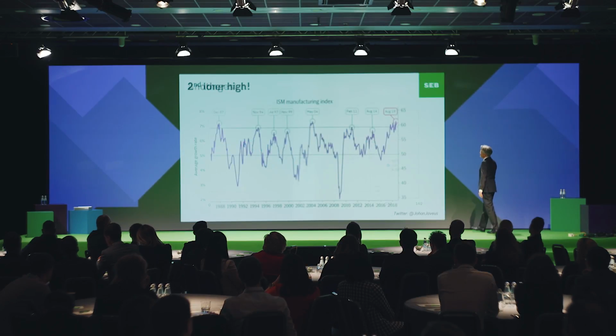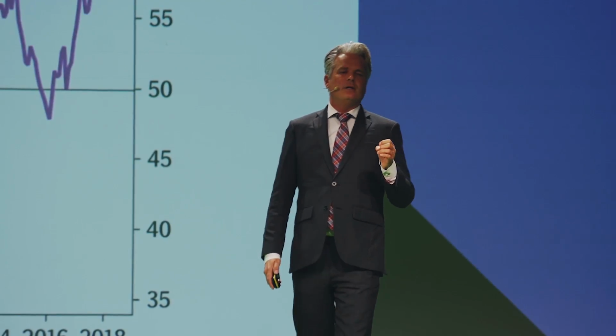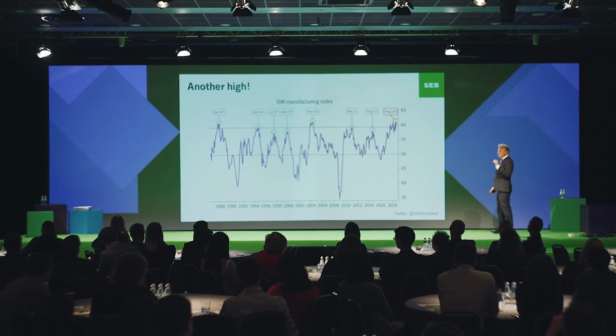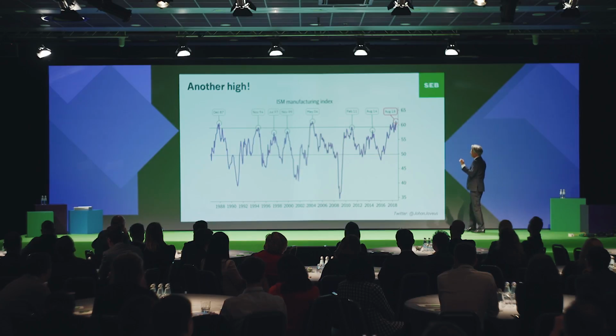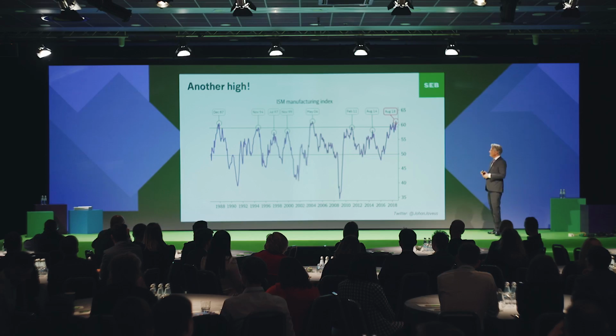But today, there is a lot of concern that we are in a late stage in the business cycle, and that the downturn is almost inevitable to come at some point. If you want to follow how an economy is doing, there is no better indicator than to look at surveys like the ISM index. Basically, where you go out and ask companies like yourselves in the US what they think about the business cycle.